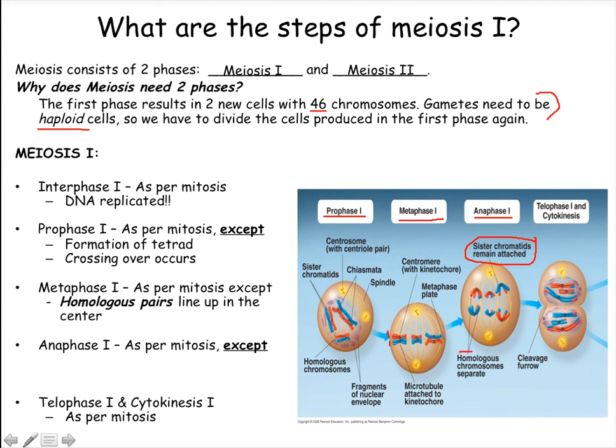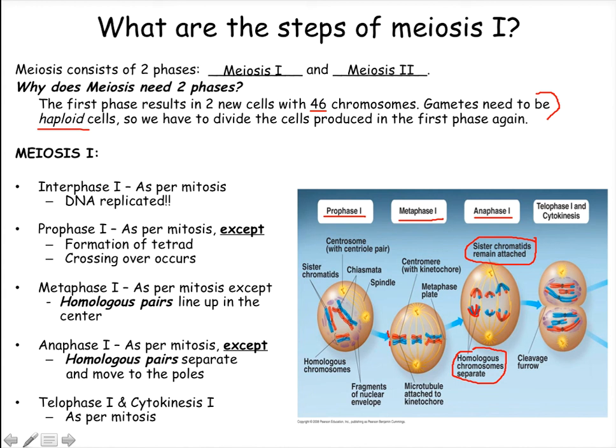And it's the homologous chromosomes that are going to separate. Okay, so you can see here, you've got one chromosome plus its duplicate, and they are still attached to each other as they are being dragged to either side of the cell. So in anaphase 1, the homologous pairs will separate and move to the poles.